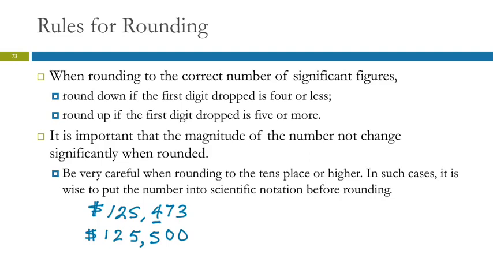We're not going to change the overall size of the number. So anytime, if you're doing the ones place or anything to the right of that, you're good. But to the left, people get into trouble. Okay, so just watch out for that. The best thing to do is to put the number in scientific notation first and then round it, and you'll never get into trouble.